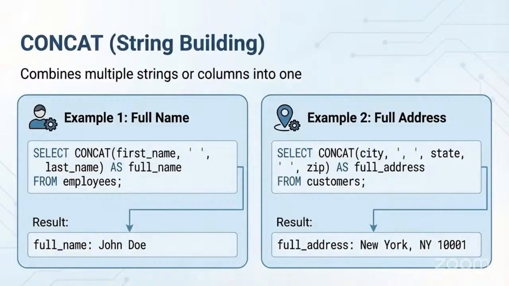You can really easily, as you can see in the example, concatenate first name and last name so that it would be a full name display, okay? Or if you want to store city, state, zip in separate columns but display it as a full address, you can also use concatenate with that. And it's as simple as just putting down all the attributes that you want and separating them by commas.